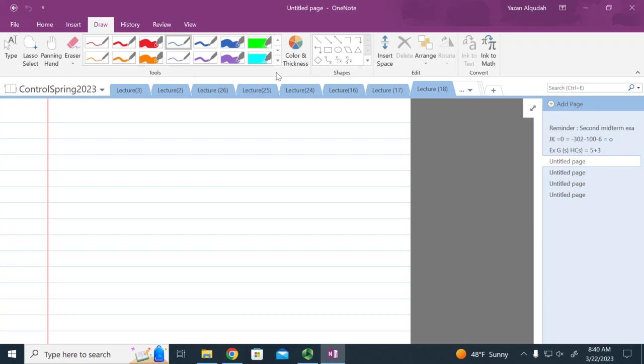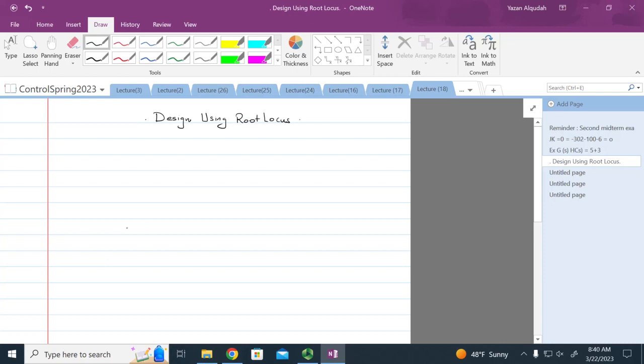Okay, now the next topic we're going to cover is designing a controller using root locus. So we're not leaving the root locus. Now we're going to use the root locus to design a controller.